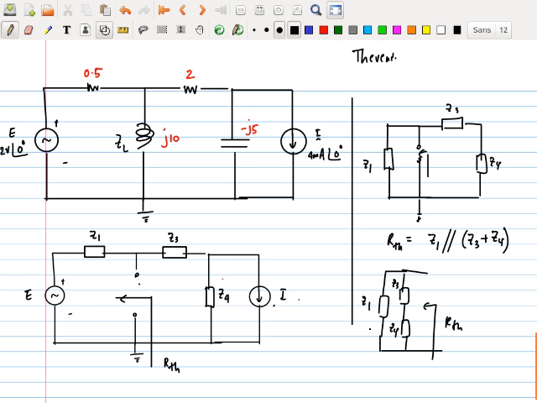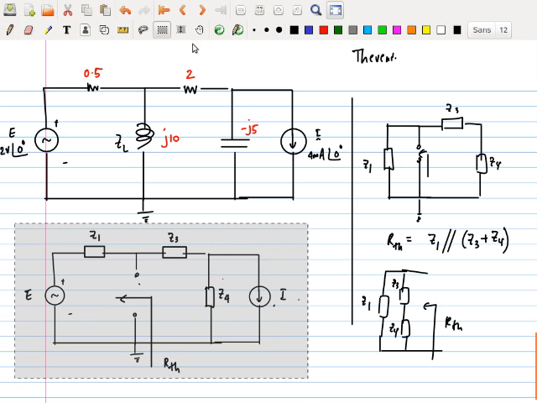If I use mesh analysis, the advantage is what? One loop current is already known, so I can only find the other. So I have to find the loop current. Let me take it to the other side.